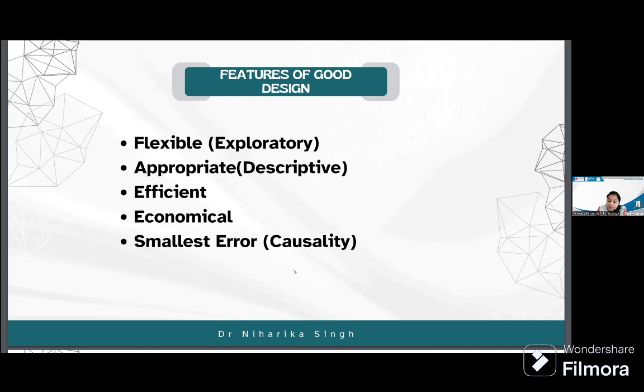It has to be extremely robust in nature, because the descriptive research design deals with questions of when, how, and so on. So when you try to describe a certain idea, when you try to describe a certain population, you need to have certain features.